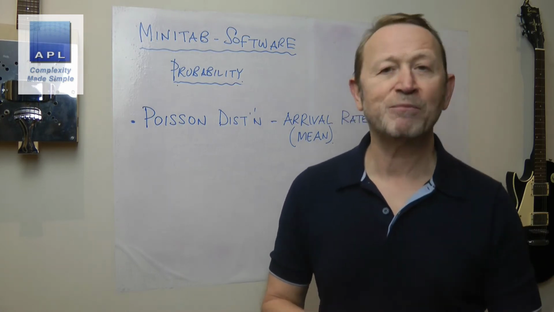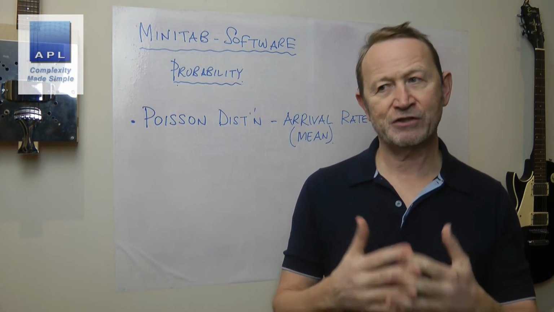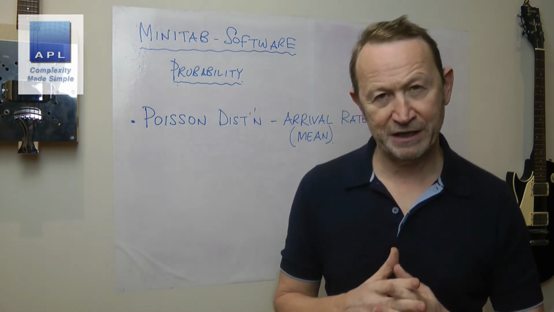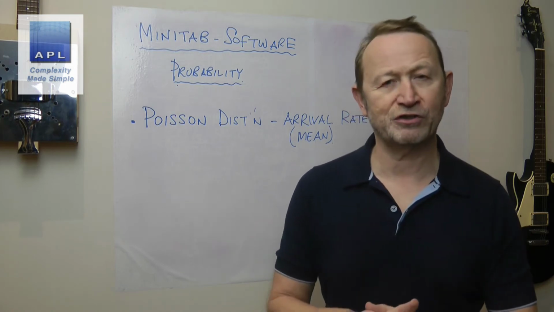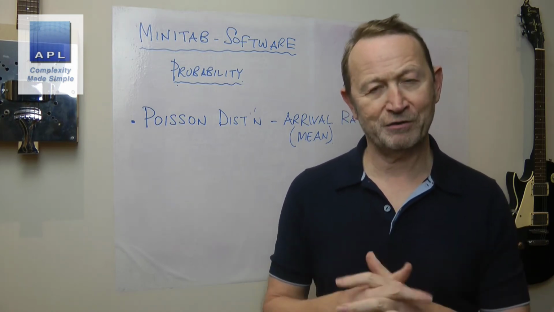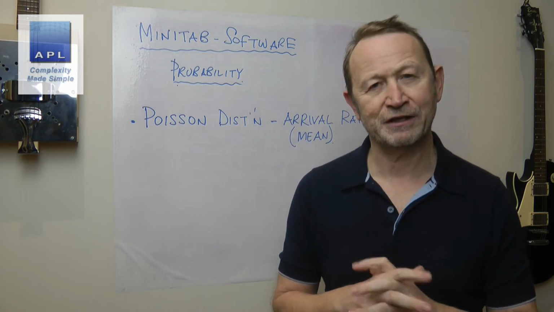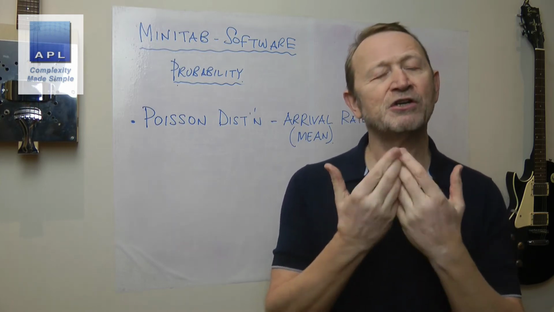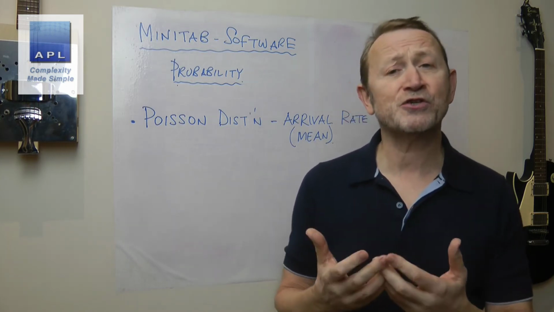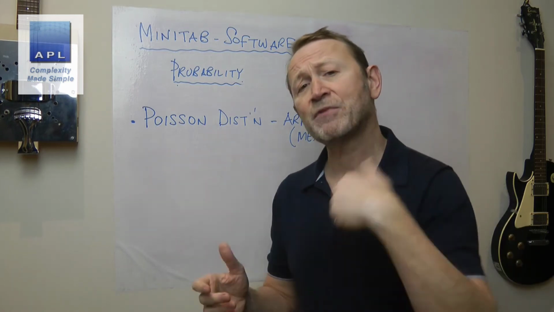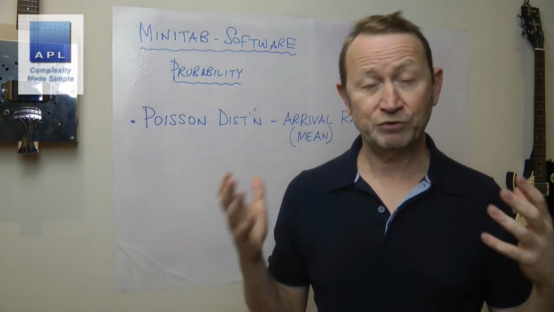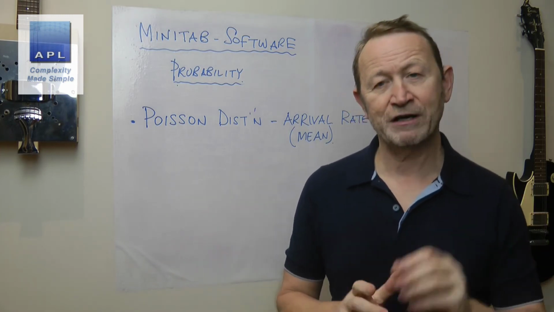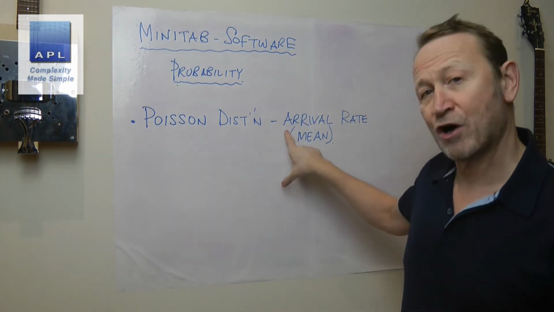So the little example we're going to set up here is: how many loading bays do you need in order to make sure that you can service the manufacturing process successfully? How many loading bays do you need? Now, why are we picking this? Well, it's because there's an arrival rate. There's a number of lorries going to come up to those loading bays every shift or every hour, etc. And therefore it has an arrival rate.